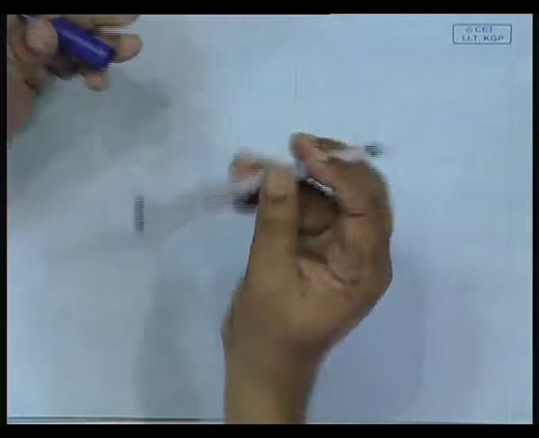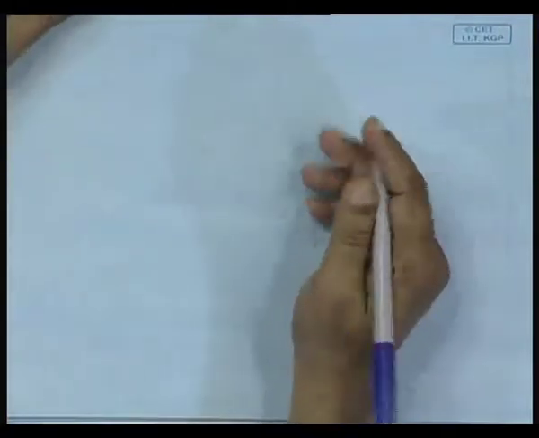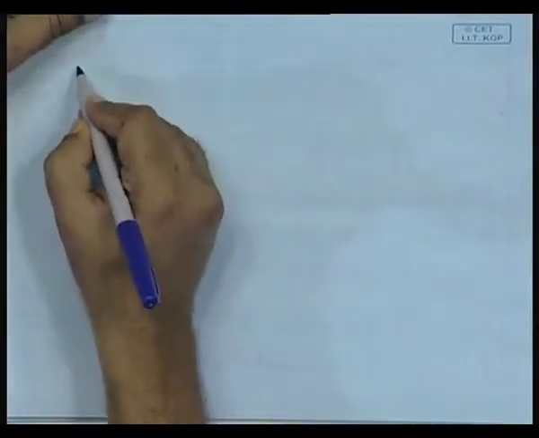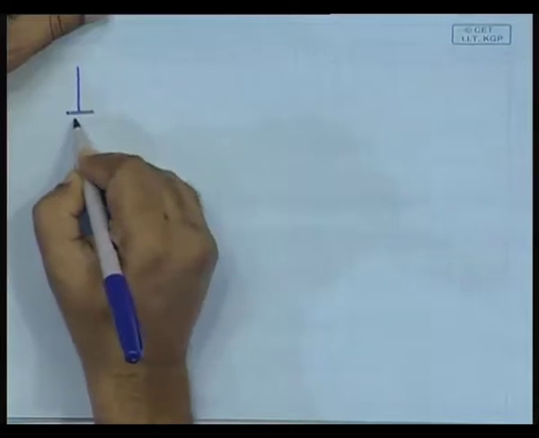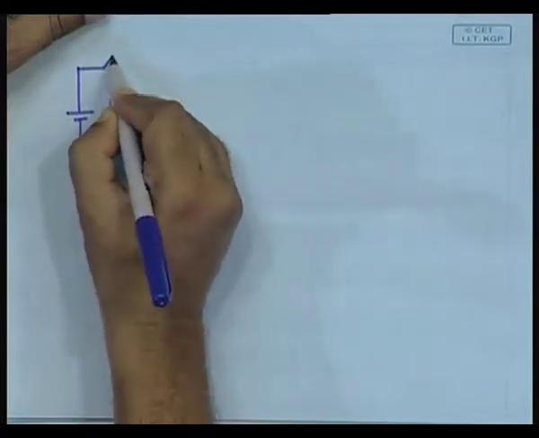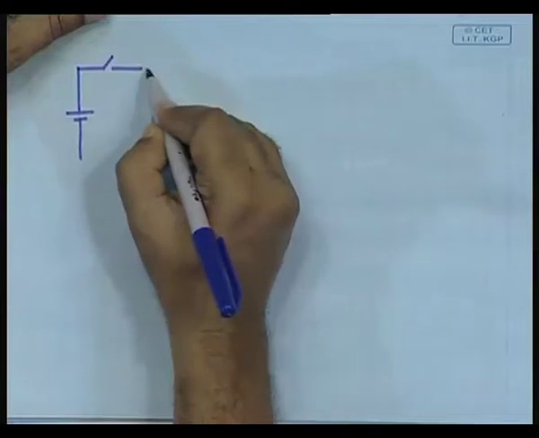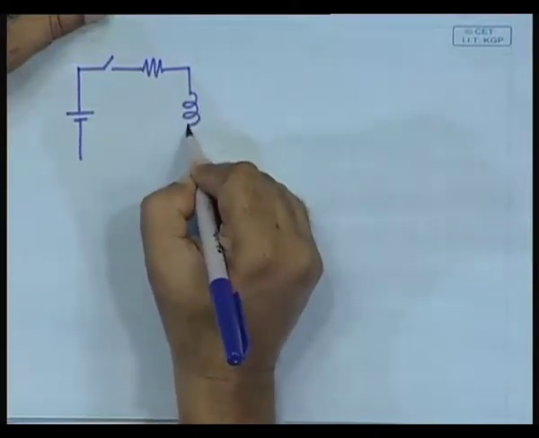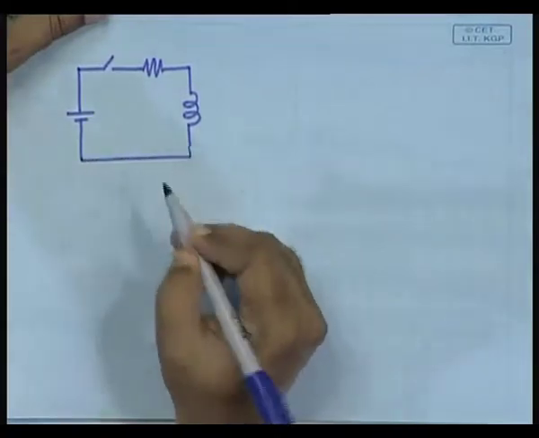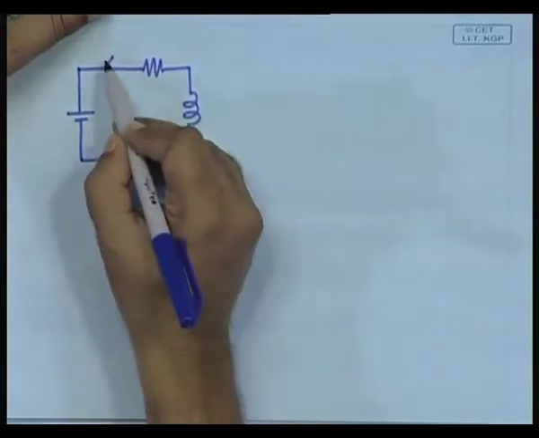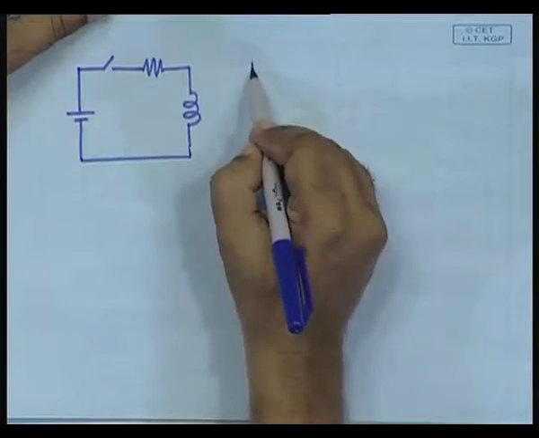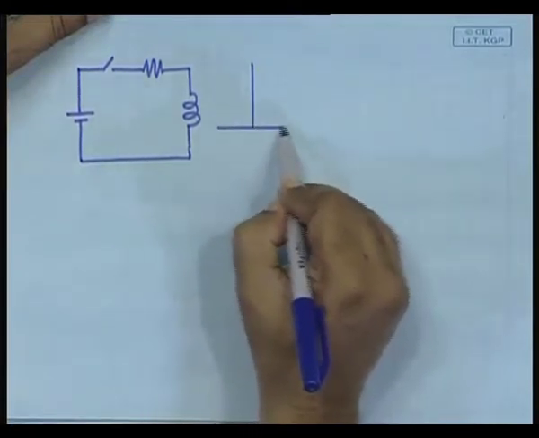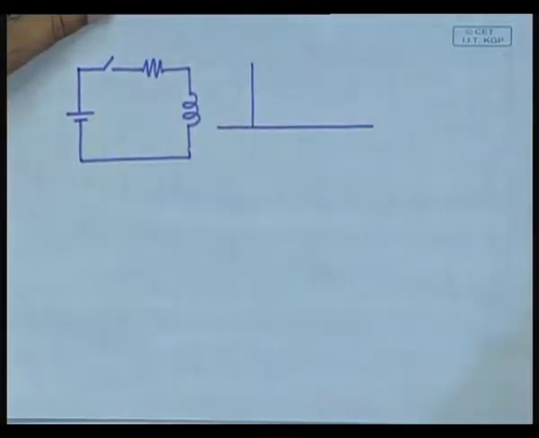Let us take an example circuit. For example, if you have a circuit something like this, a battery here connected with a switch to an RL circuit. So, if this switch is closed, the applied voltage will be what?